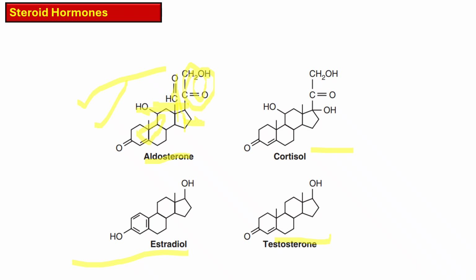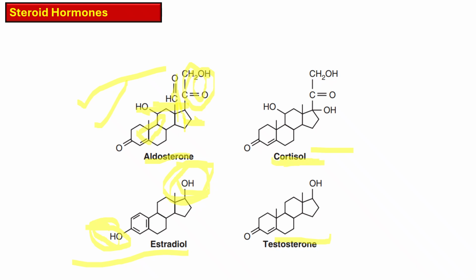It contains an aromatic ring, a defining feature of estrogen, and has hydroxyl groups at positions 3 and 17, critical for estrogenic activity. Then there is cortisol, that is a glucocorticoid.